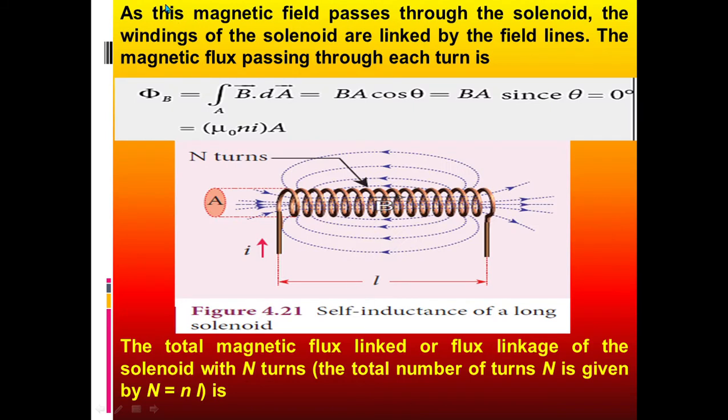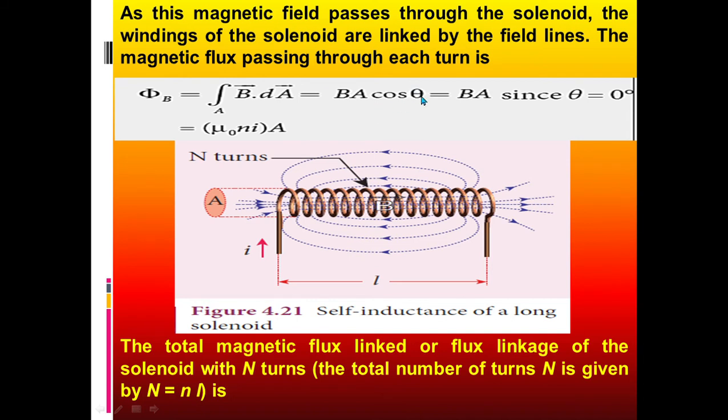As the magnetic field passes through the solenoid, the windings of the solenoid are linked by the field lines. The magnetic flux passing through each turn, already we know the formula, is phi B equal to the integral of B vector dot dA. Removing the vector notation, it is B dA cos theta.